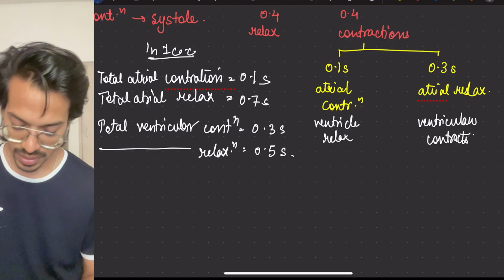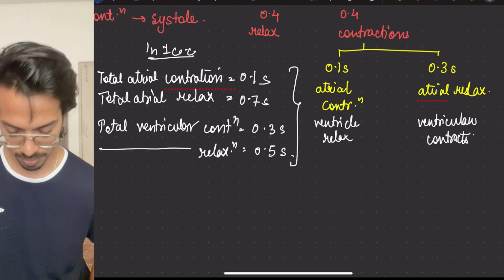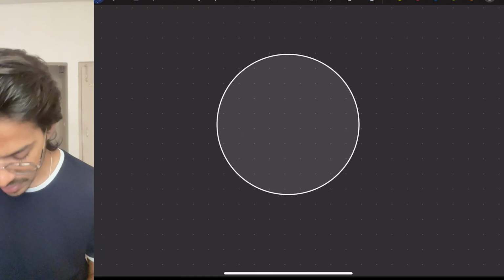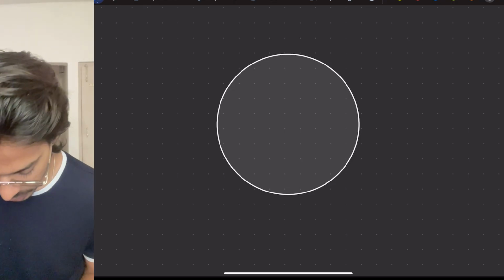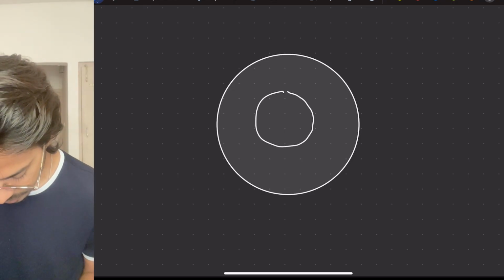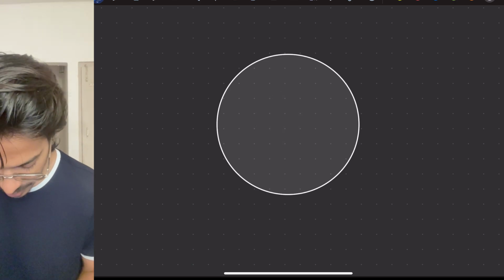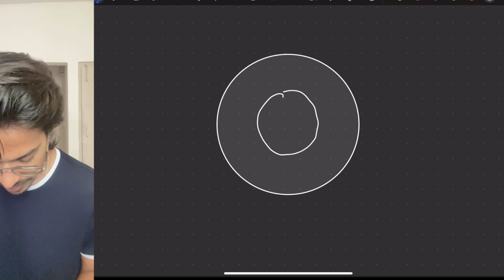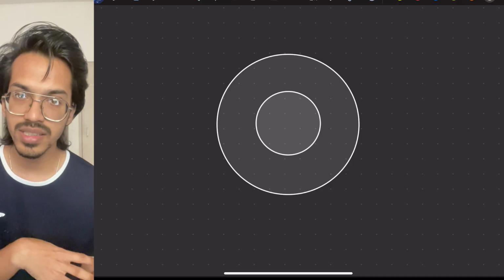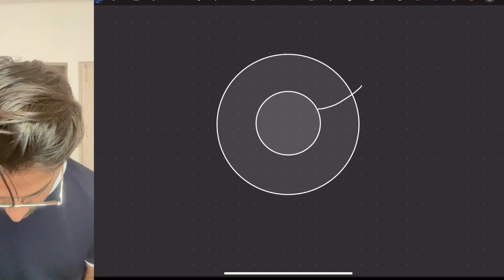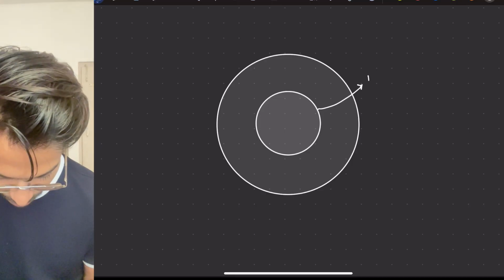Let's just make this thing into a pie graph. So this is a circle. There will be two circles. The inside circle is representing the atria, and the outside circle is representing the ventricle.